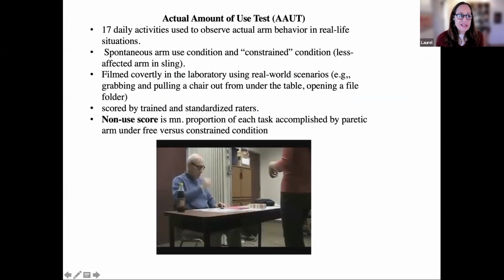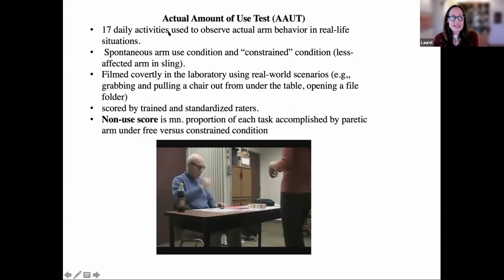In that study, we used something called the actual amount of use test, which is a modification of a task developed by Taub and colleagues in some of their studies on constraint-induced therapy.